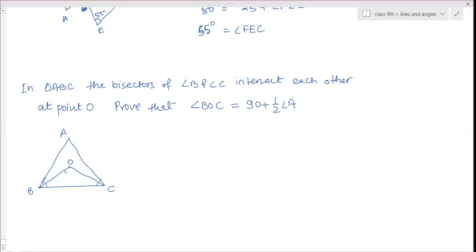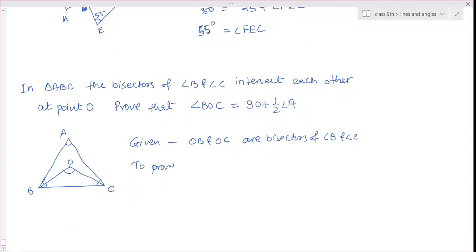Prove that angle BOC is equal to 90 plus A by 2. Here, given: OB and OC are bisectors of angle B and angle C.